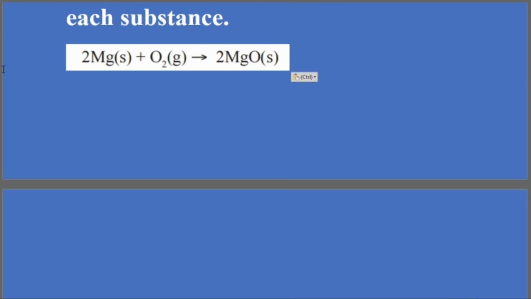Let's look at another example here of zinc granules reacting with dilute hydrochloric acid to produce aqueous zinc chloride and hydrogen gas.